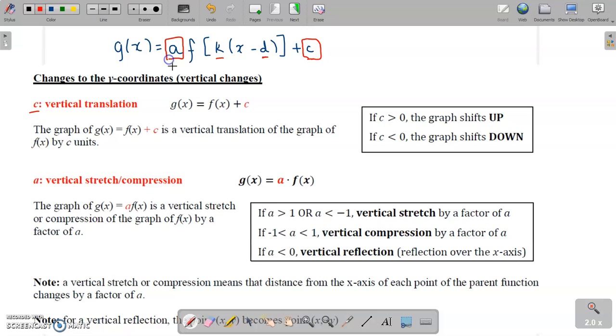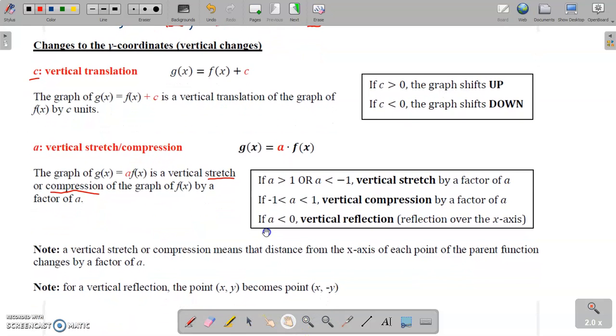Now the a value gives us either a vertical stretch or a vertical compression of the graph of f of x by a factor of a. Or if a is less than 0, we say it's a vertical reflection.